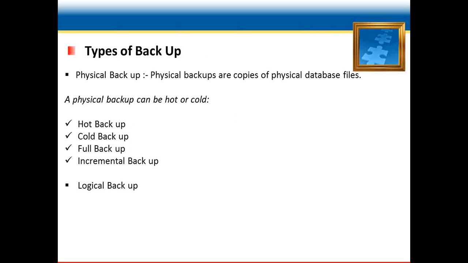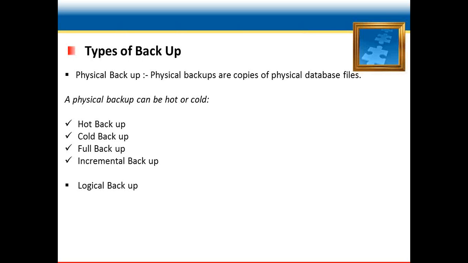Next I am going to explain the types of backup. Physical backups are copies of physical database files. For example, a physical backup might copy the database content from a local disk drive to another secure location.